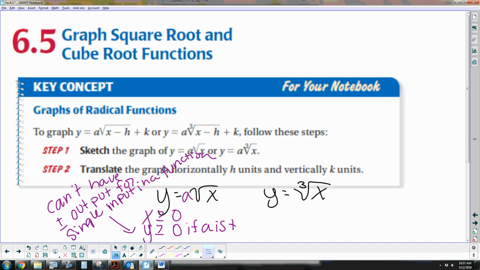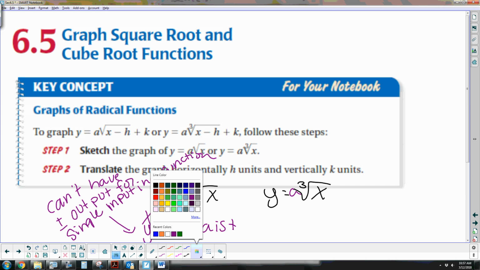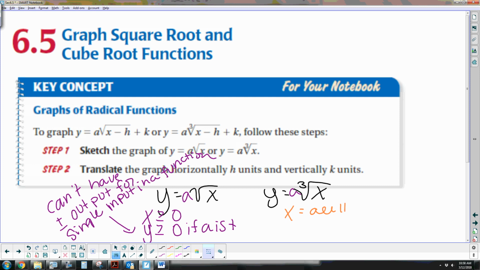For the cube root of x and the cube root of a times x, we said that our domain is all real numbers, and our range is all real numbers. Now, secondly, you should again recognize these forms, a times the square root of x minus h plus k.